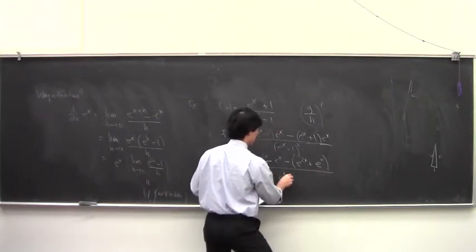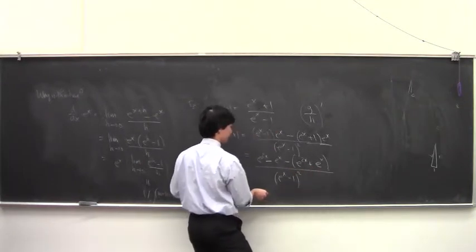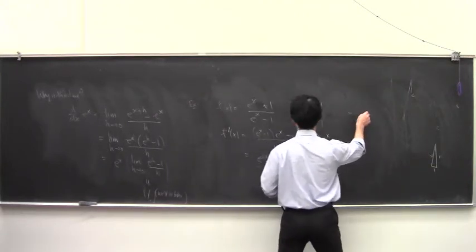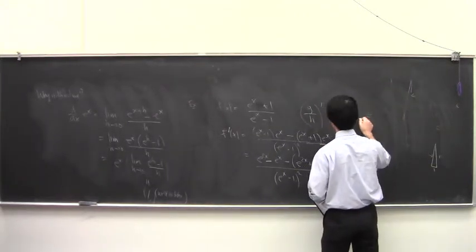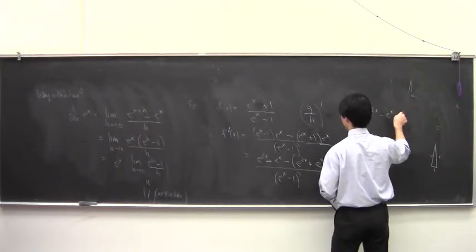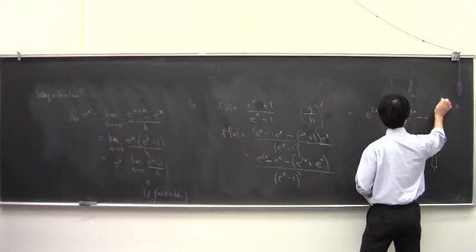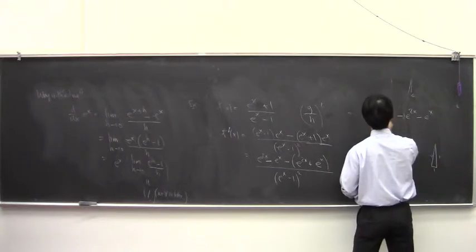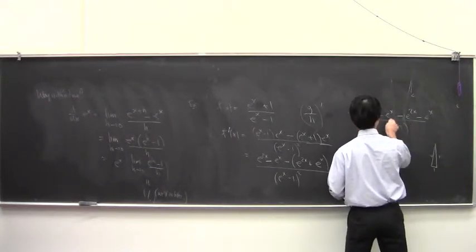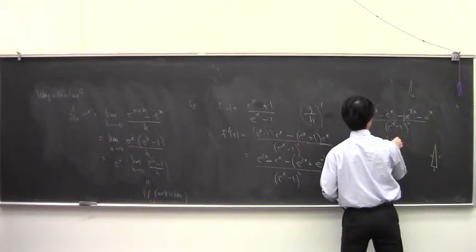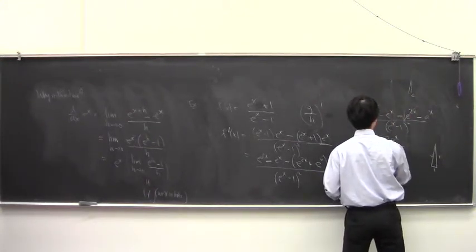Everything over e to the x minus 1 quantity squared. So you get e to the 2x minus e to the x minus e to the 2x minus e to the x, everything over e to the x minus 1 quantity squared. This minus this, you get minus 2 e to the x over e to the x minus 1 quantity squared.